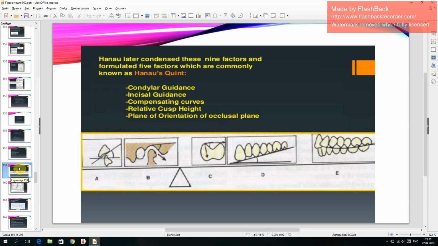Hanau later condensed these nine factors and formulated five factors, commonly known as Hanau's quint: condylar guidance, incisal guidance, compensating curve, relative cusp height, and plane of orientation of the occlusal plane.